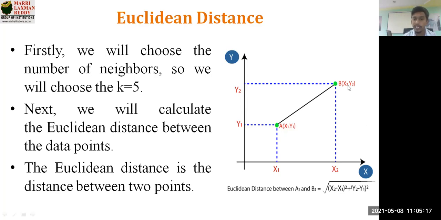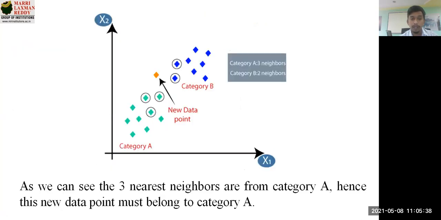You can see what x1, y1 and x2, y2 are: A is (x1, y1), that is 1 point, and B is (x2, y2). The distance between these 2 points is calculated using the Euclidean distance formula, and likewise we calculate the Euclidean distance values for each and every data point.